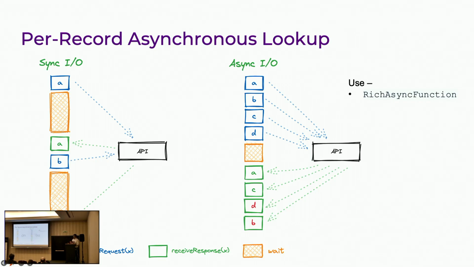And that's going to happen because it's asynchronous processing. You do not know when this request will be returned. And this is where the async I/O operation has a feature called ordered wait versus unordered wait. If your Flink application works with unordered events, you can emit the event as soon as you get the result from the API.